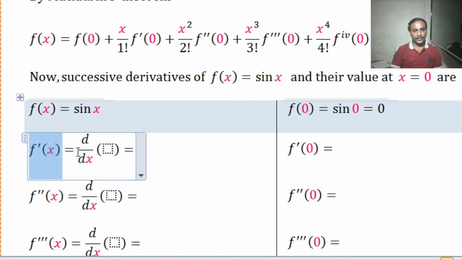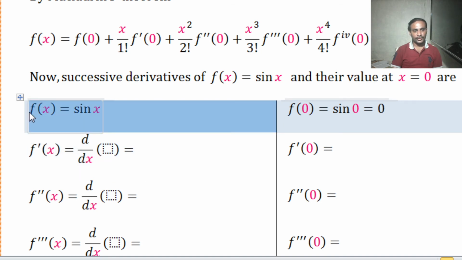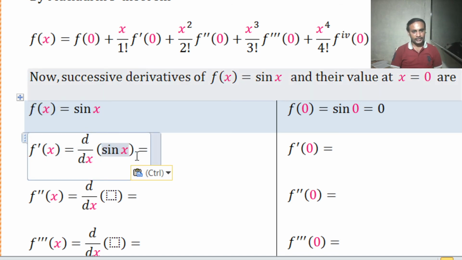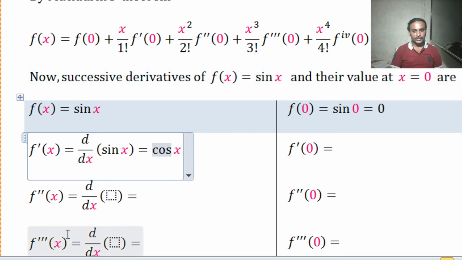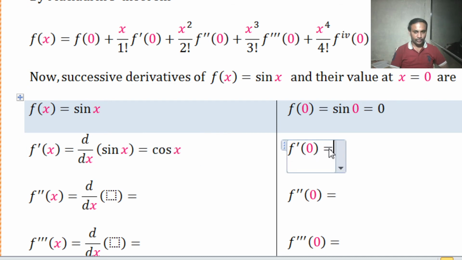Now to find f dash of x, we have to take derivative of this function f of x, but here f of x is sin of x, and derivative of sin of x is cos of x. Now to find f dash of 0, we have to put value of x is 0. So after putting x is equal to 0, we get cos 0 as 1.